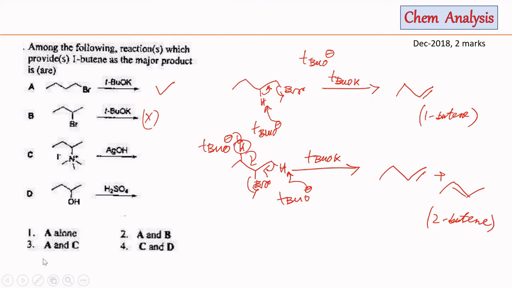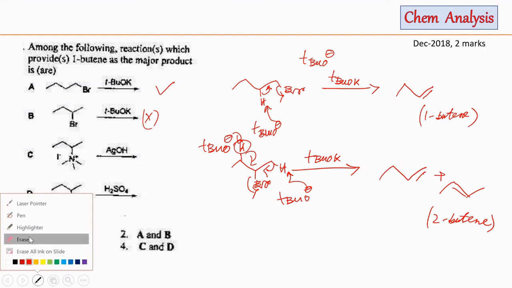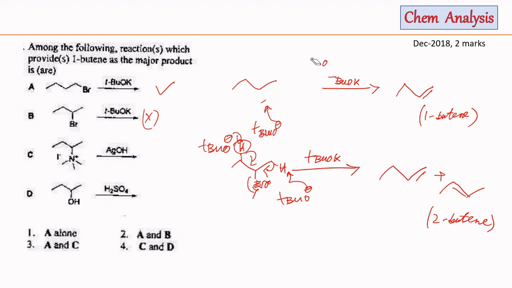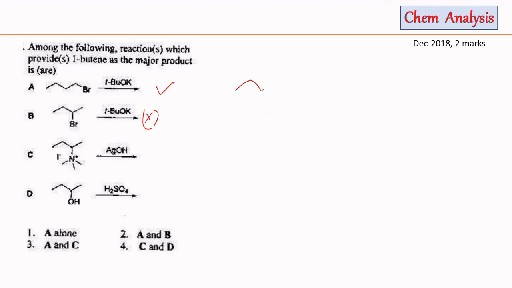Now to see the next two conditions, let me erase this. In the third case, it is a condition for Hofmann elimination, and in this case the silver hydroxide is acting as a base. Here OH minus will abstract a proton, and it will majorly abstract the proton which is more acidic.